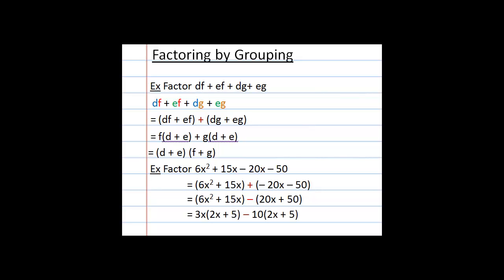So either way, we would have come to the same result, where I take 3x out of the first bracket and I'm left with 2x plus 5. And negative 10 is common to the second bracket, which will still leave me with a positive 2x plus 5. Okay? In this example, that binomial should be the same as long as we've grouped it together. And in the two terms, I have a common 2x plus 5, which I can take out and factor to be left with 3x minus 10.